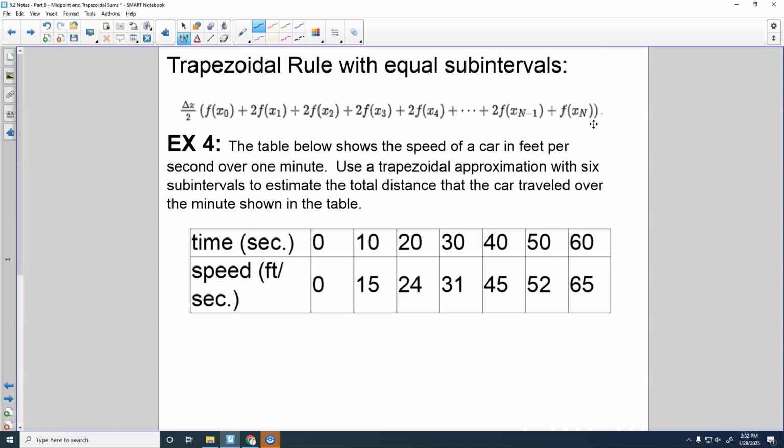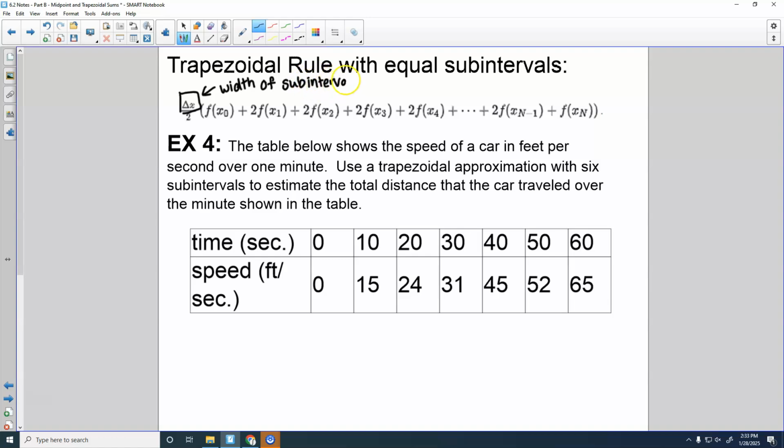Okay, so if you have different subintervals, this rule does not work. But if the subintervals are the same, then you can do delta x over 2. That delta x right there is the width of the subinterval.